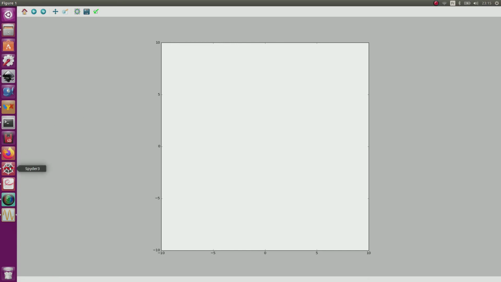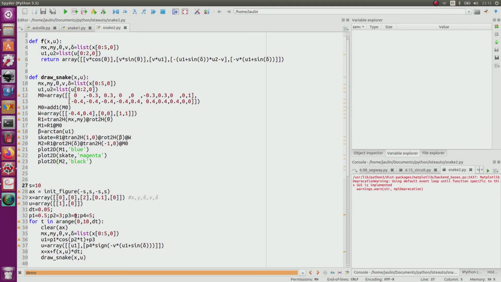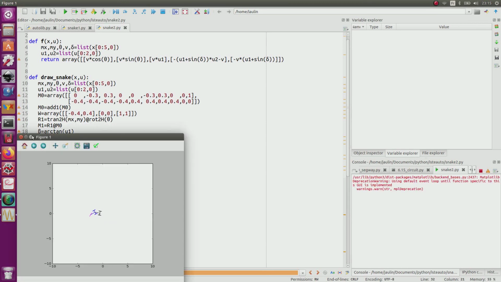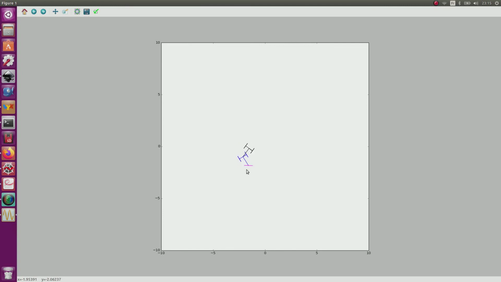Now, if I change the bias, for instance, I put it positive like this, I will turn left. Like this. So here I still oscillate, and I turn left.